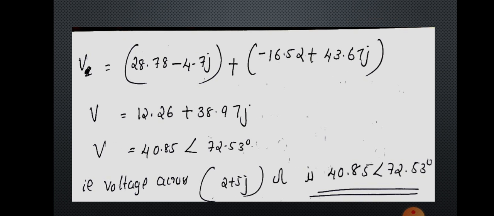And if an addition process is taking place, then it is better to convert the polar form into rectangular form. That is why I used the conversion from polar form to rectangular form here. So you got the value of voltage. So the voltage across 2 plus 5j is equal to 40.85 angle 72.53 degree. This is all about this section.